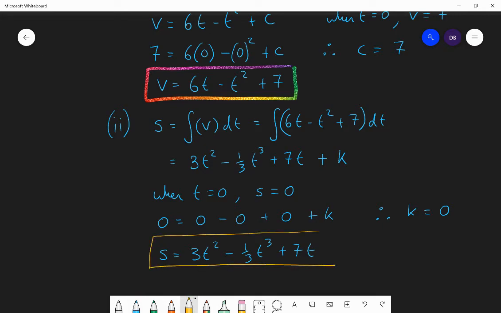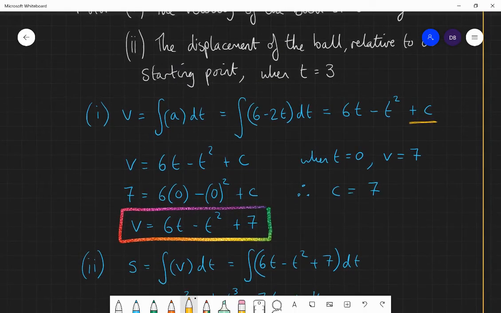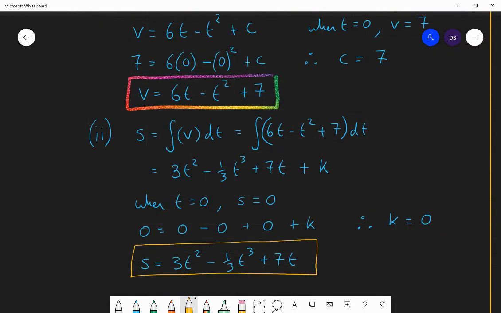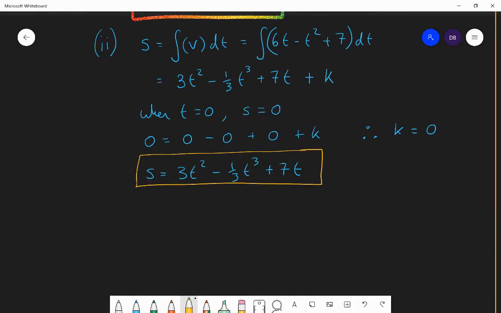I need to now use that information to answer the question. And the question is, find the displacement of the ball from its starting point when the time is 3 seconds. So I need to find the value of s when t is 3. So all I need to do now is substitute t is 3 into this equation.